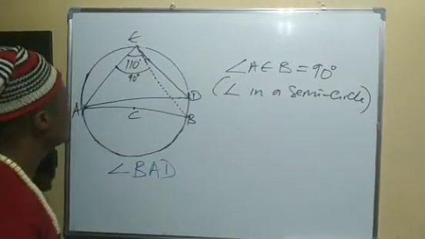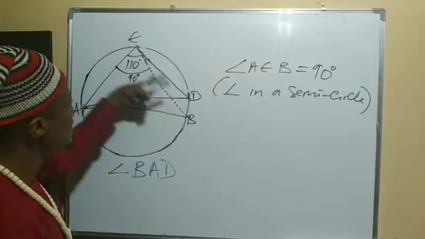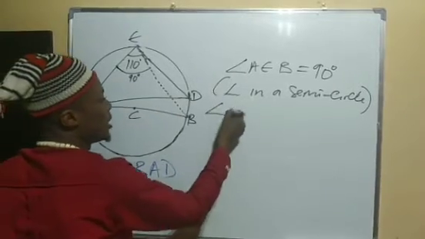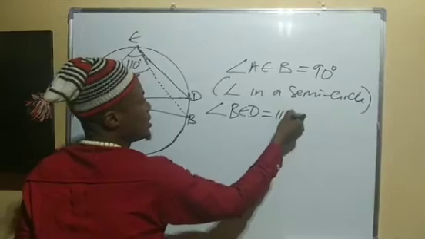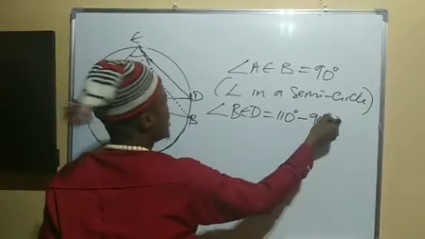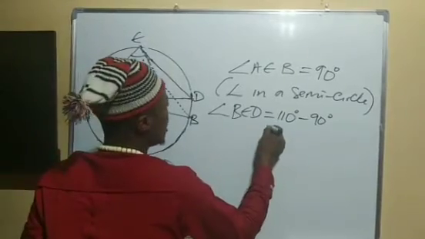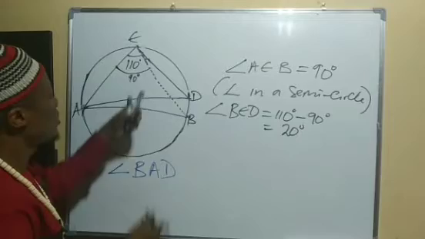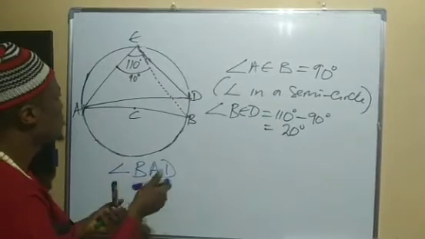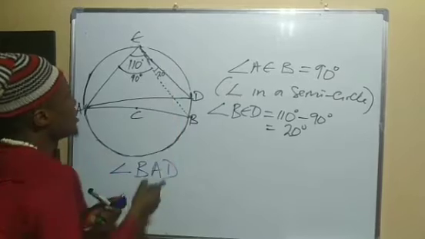Hence, the smaller angle here, angle BED, will now be 110 degrees minus that 90 degrees. So this will give us 20 degrees. So the angle here is 20 degrees. You are free to write 20 degrees here.